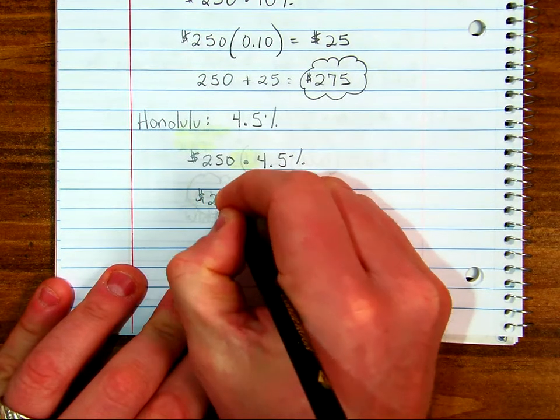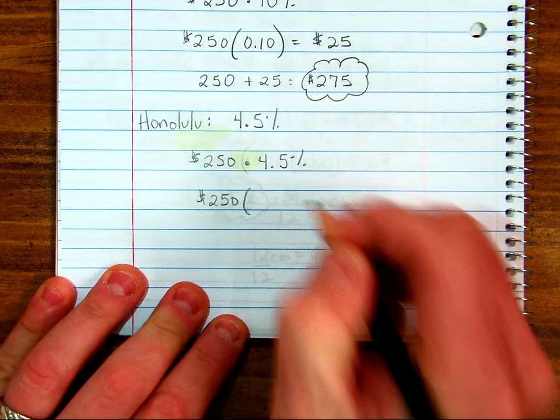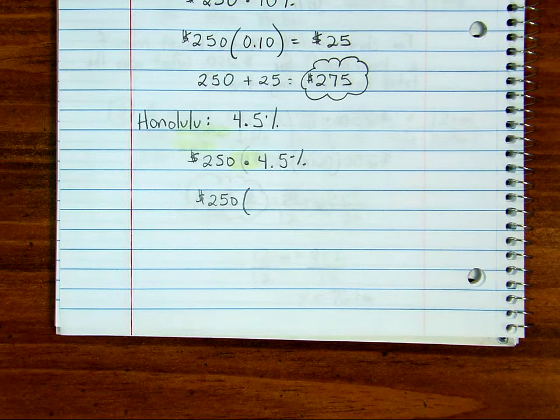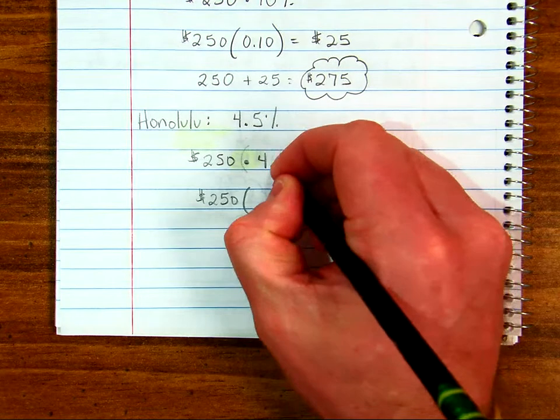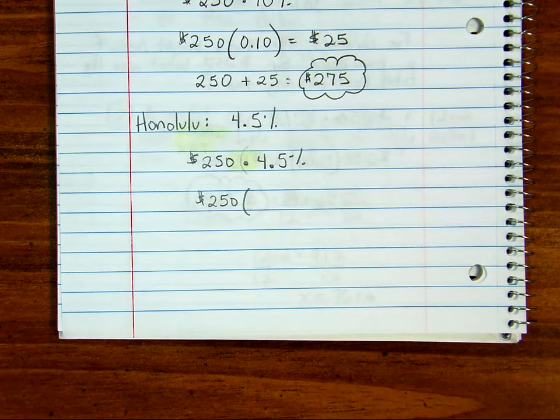And now my question to you is this. How do we write 4.5 as a decimal? Ariana. Okay, Ariana, how do we write 4.5 as a decimal? Like, get rid of the percentage.